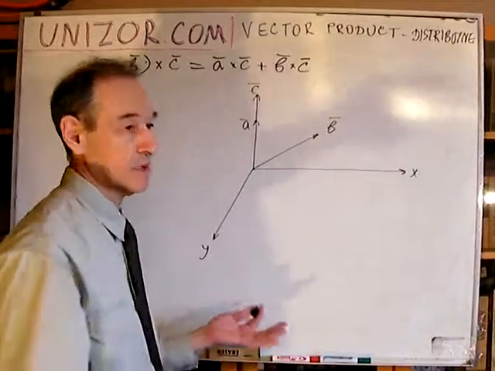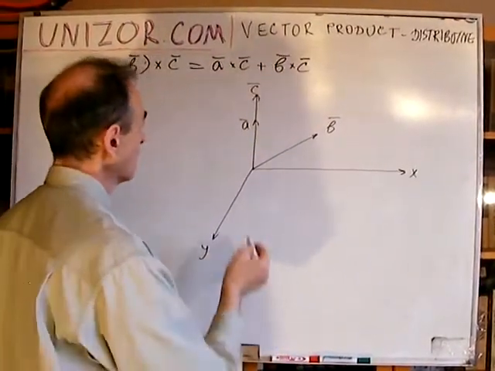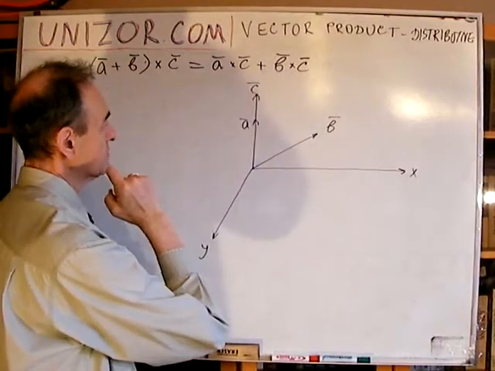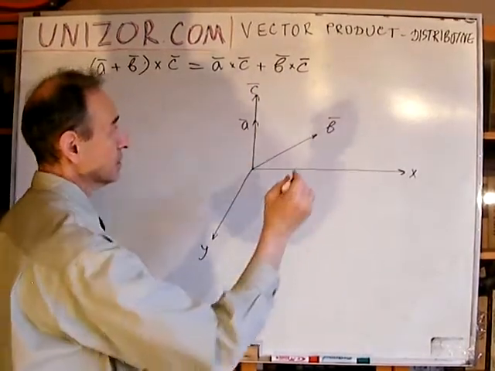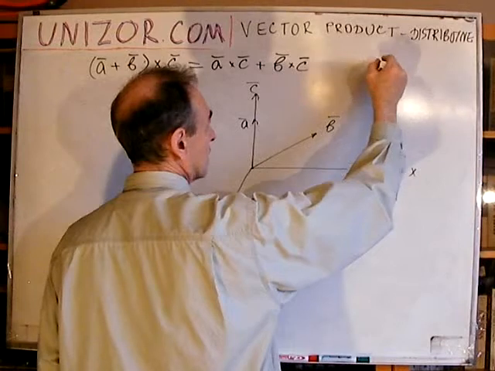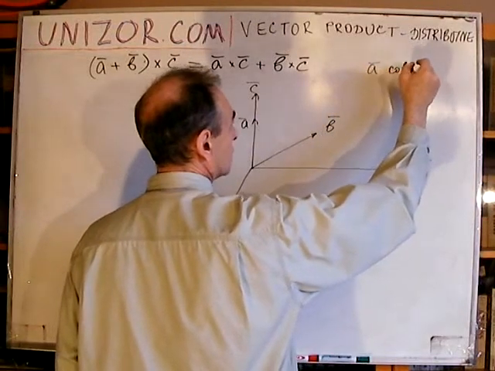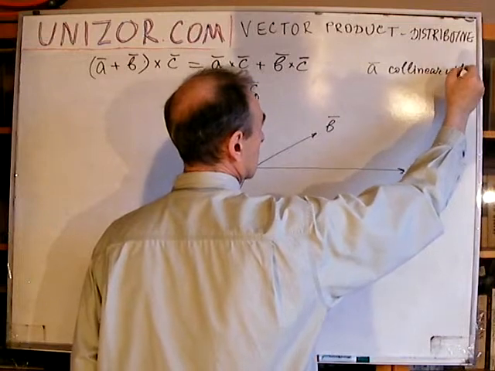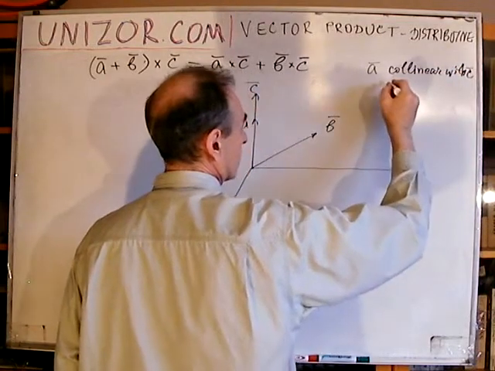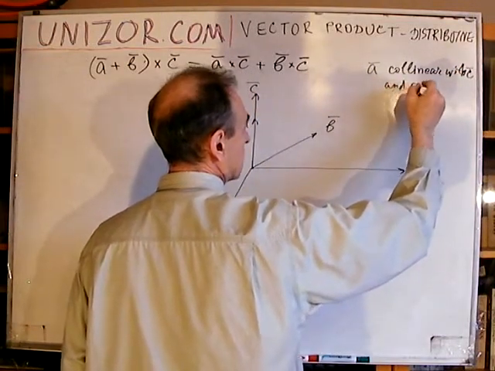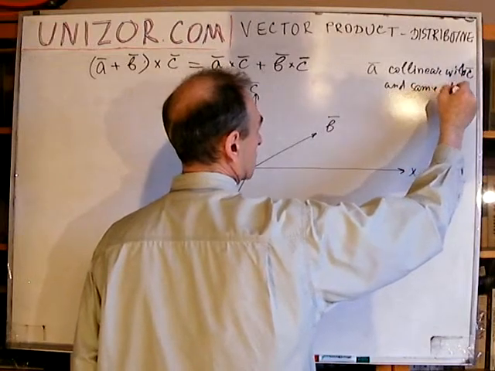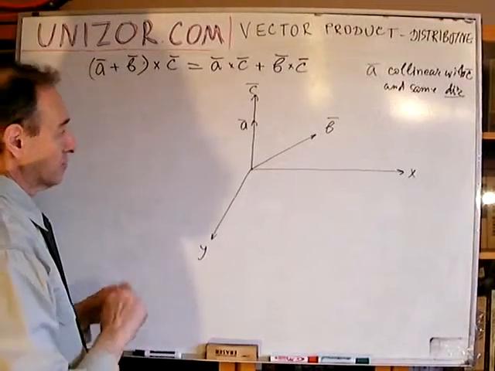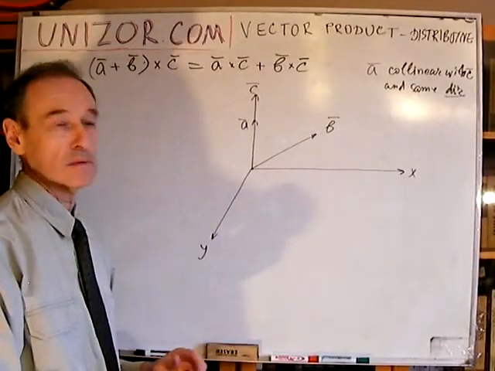I can choose whatever coordinate system I would like to. So I choose z as coinciding with the C vector, and A is collinear with C, and in the same direction. That's my very particular case.